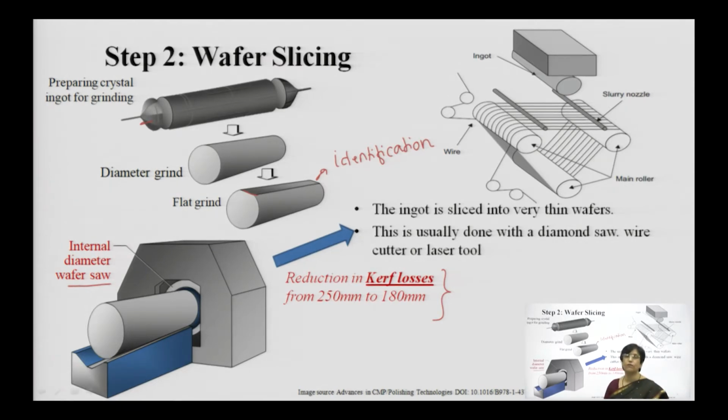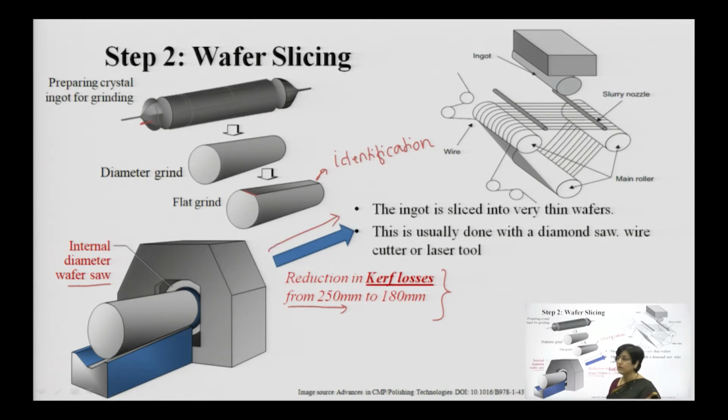These kerf losses are responsible for loss in the yield also, and we do not want those losses to happen, and therefore, what do we do?